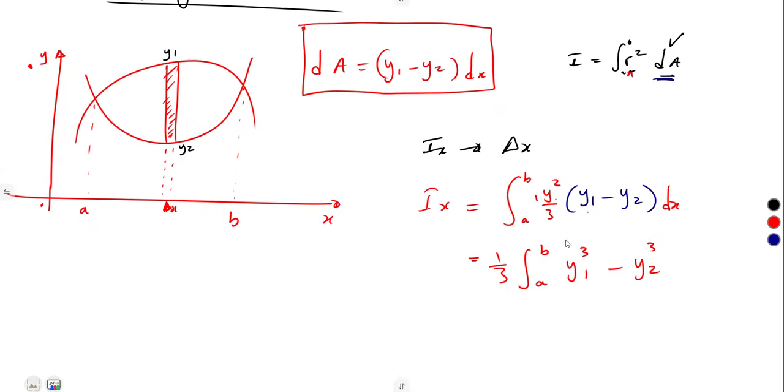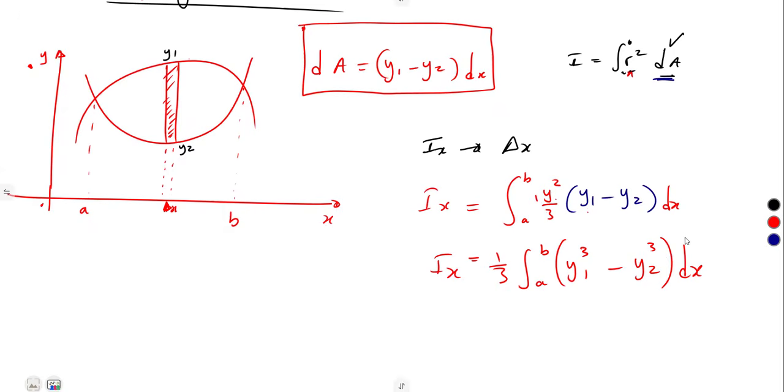If you're multiplying to y1, you treat it as y1 squared times y1, and y2 squared times y2. That y is treated with respect to what you're multiplying inside.